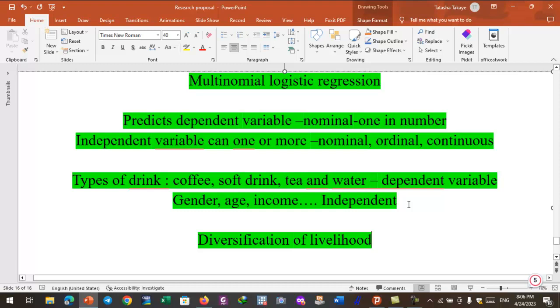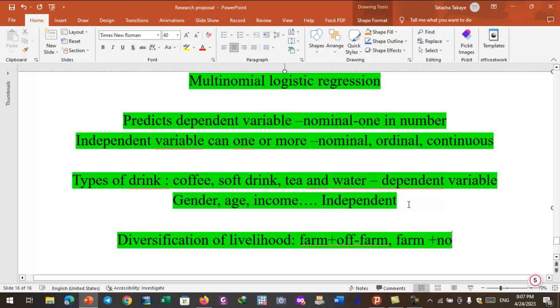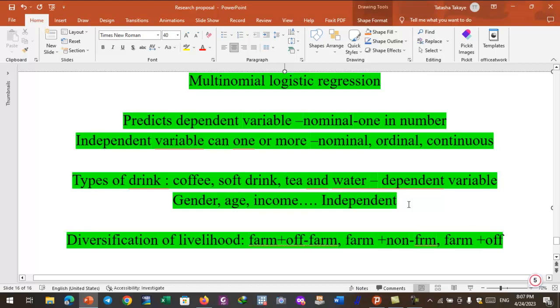Let us assume it is a dependent variable, and within itself there can be farm diversification, another diversification option is farm plus non-farm, and another group of diversification is farm plus or farm plus non-farm.